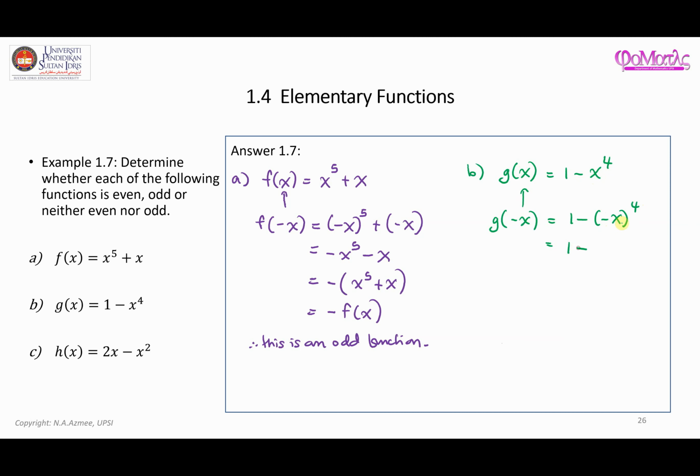We know that if you have a negative number and the power is an even number, then the result is going to be positive, so it's going to be x to the power of 4. So 1 minus x to the power of 4 is actually just g(x). The result here is equal to g(x).